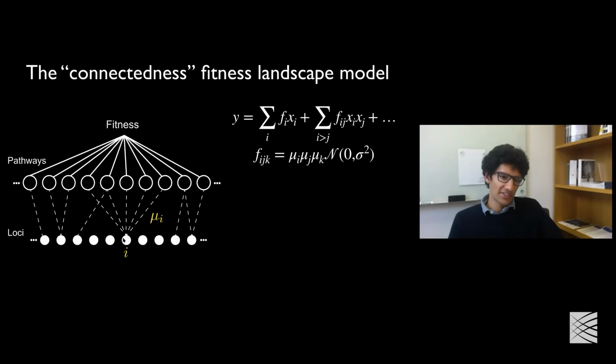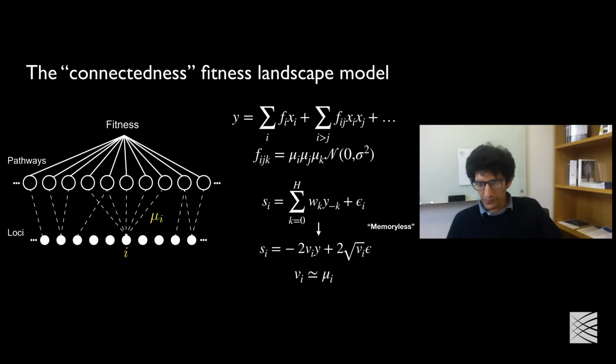So for instance, if this locus contributes towards some fraction of all the pathways, the probability that some set of loci will interact is the probability that they all are part of the same pathway, right? This captures that intuition that you have many pathways, you have loci that contribute towards many different pathways at the same time. And so you will have epistatic interactions across different loci.